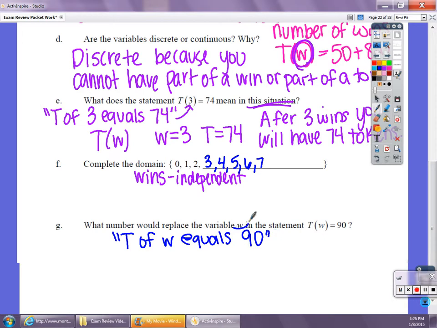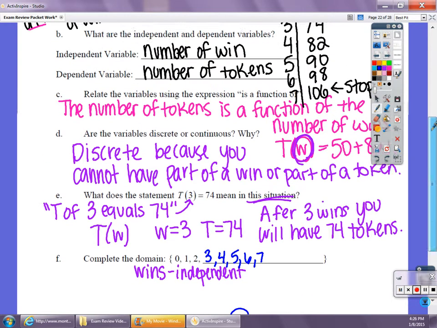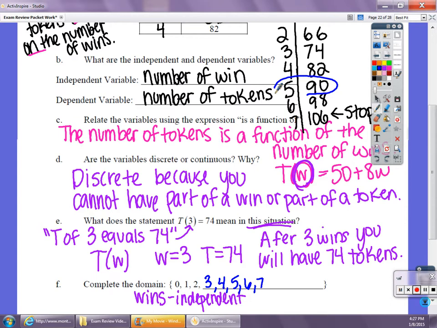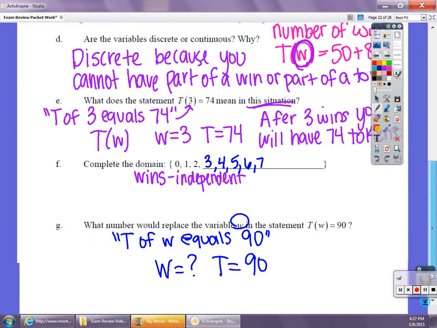W is unknown, but the number of tokens is known. We know that we have 90 tokens. Using our table, how many wins did it take? After 5 wins, we'll have 90 tokens.